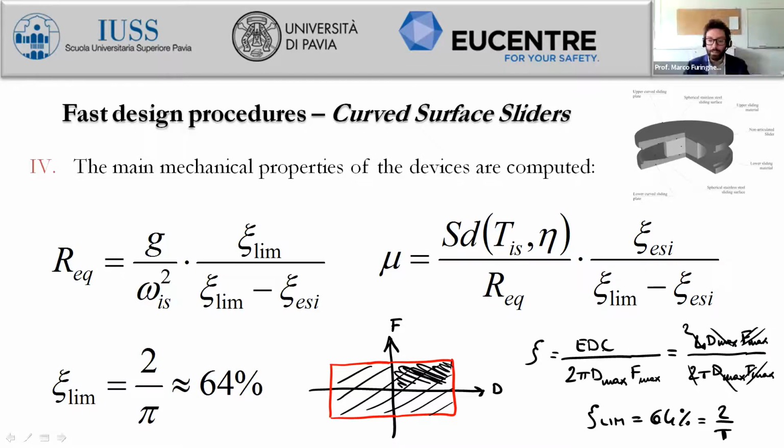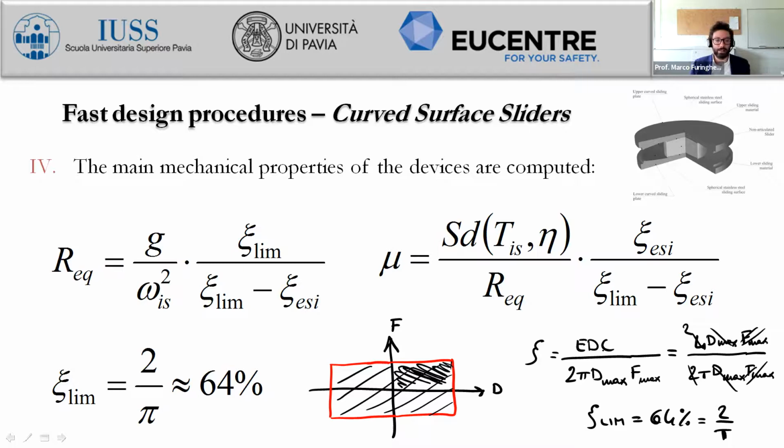And generally, okay, you see, this looks like the easiest fast design procedure for isolation devices, because we have just 4 steps. Okay, but we have to keep in mind that one device has been completely designed only if we have designed not only mechanical properties but also geometry.